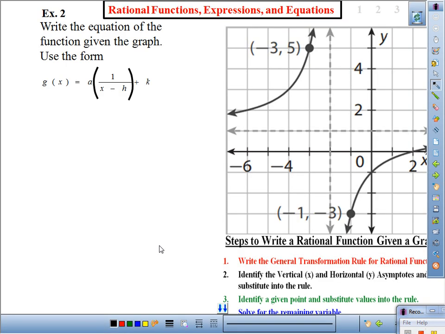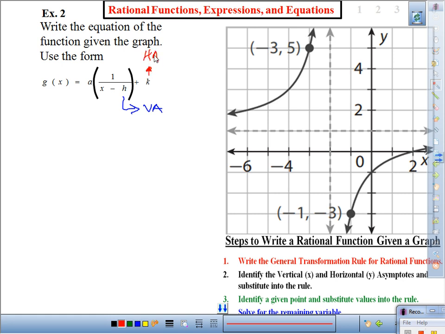Now, refresher. Now that we're in rationals, what does the h also represent? Very good. Our vertical asymptotes. And what does our k also represent?